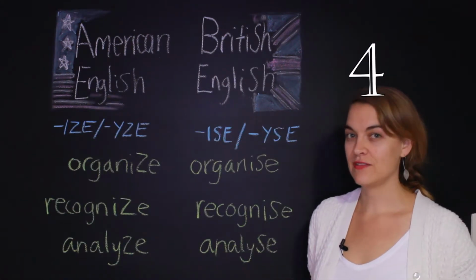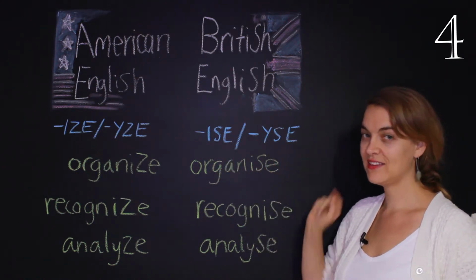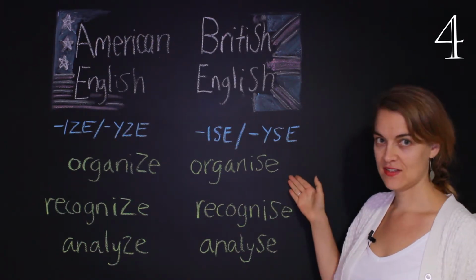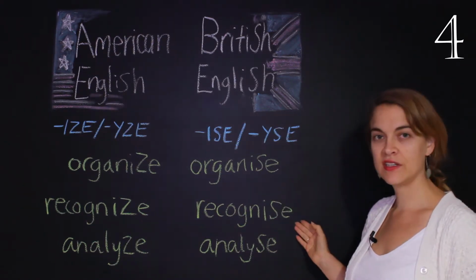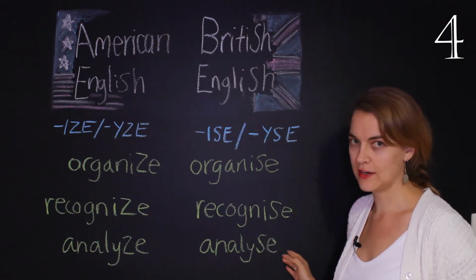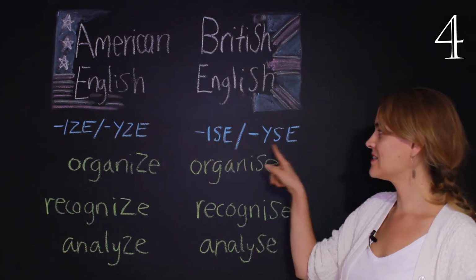So here's another difference. ISE or YSE at the end of the words. 3 examples. Organize, organizar. Recognize, reconhecer. Analyze, analisar. So in British English, we usually use the S here.